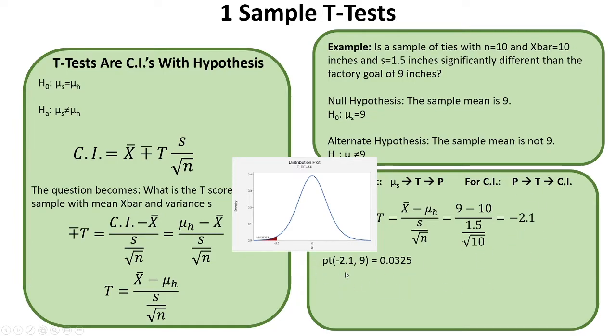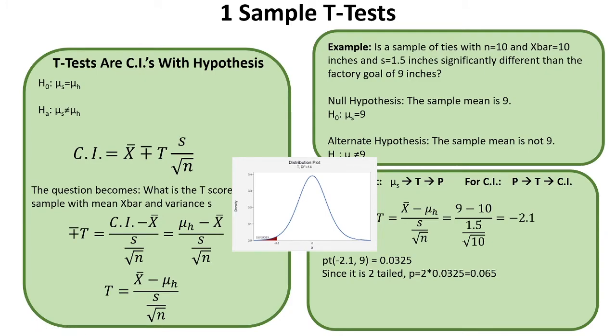So for negative 2.1 with degrees of freedom of 9, the amount of probability in the tail of this t-distribution is 0.0325. Because it's two-tailed and we need not just this tail but the other tail, we multiply that by 2, and that gives us our p-value for this particular t-test, which is 0.065.